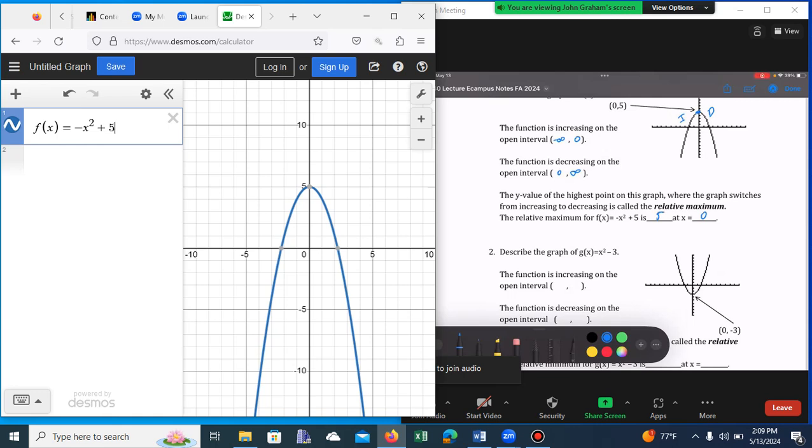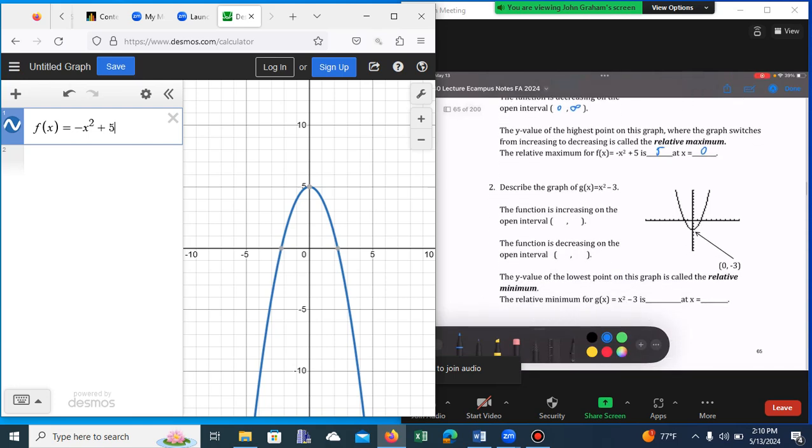And we call this a relative maximum. It doesn't always mean that it's going to be the max for the function. You can have another part of the graph, and we can see that in certain cubic functions that may be higher, but in this relative area, that is your maximum. You see it when it switches from increasing to decreasing.